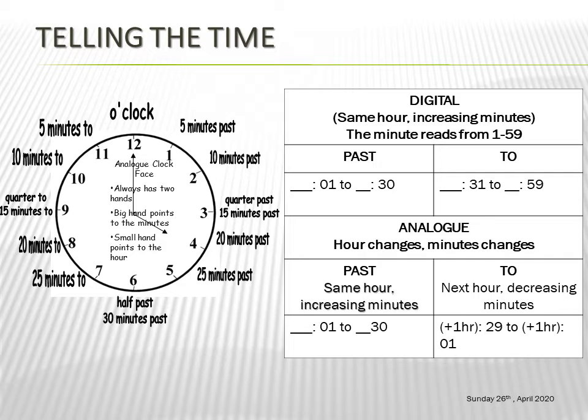Now at this point, you notice that for the analog, the minutes start reducing till you get to 12. So at that point, you say the time is 29 minutes to the next hour, to 5. So when it is on the to side, it will read to the next hour. But on the past side, it will still read past that hour. I hope you understand this.